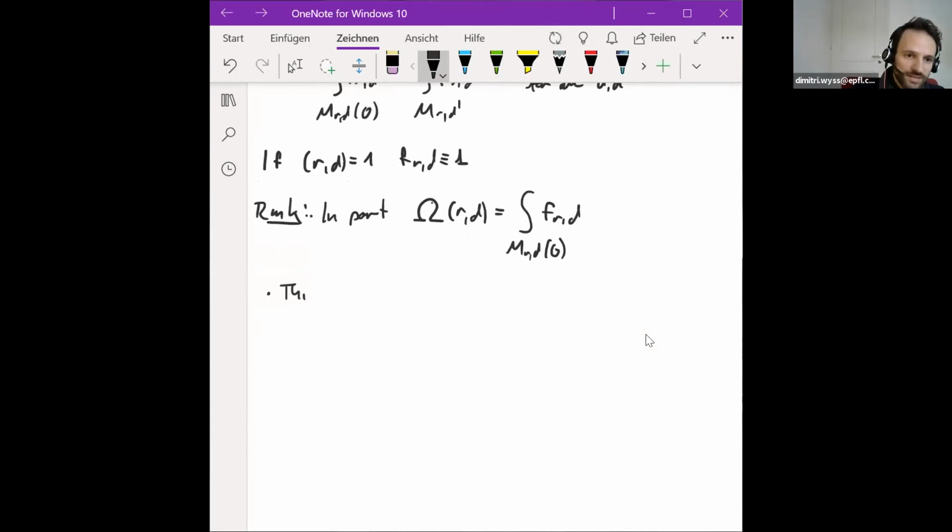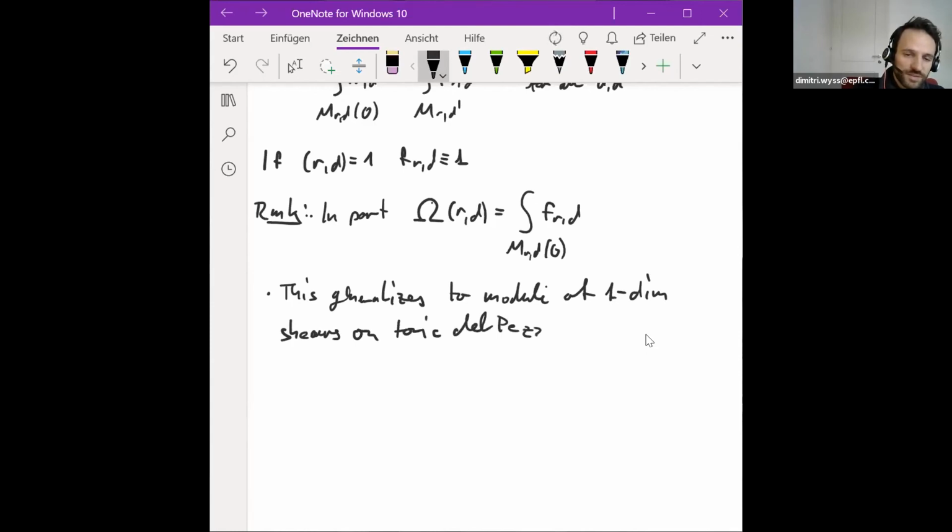And the second remark is, this generalizes to moduli spaces of one-dimensional sheaves on, say, toric del Pezzo surfaces.